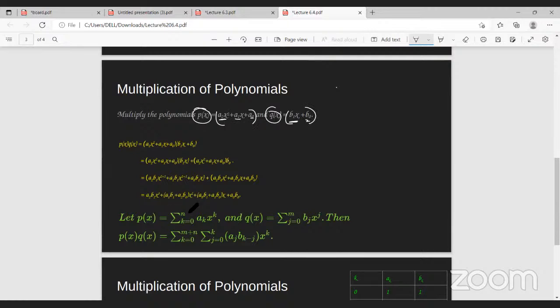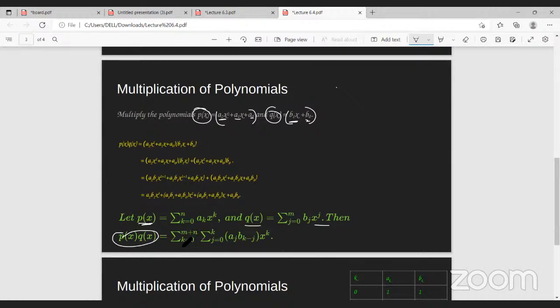So what we are doing here is generalizing this p of x. p of x is the summation where k varies from 0 to n, a_k x to the power k, and here also q of x, the same thing. And we are taking the product of that. What does it mean? There are two summations that I am not getting.